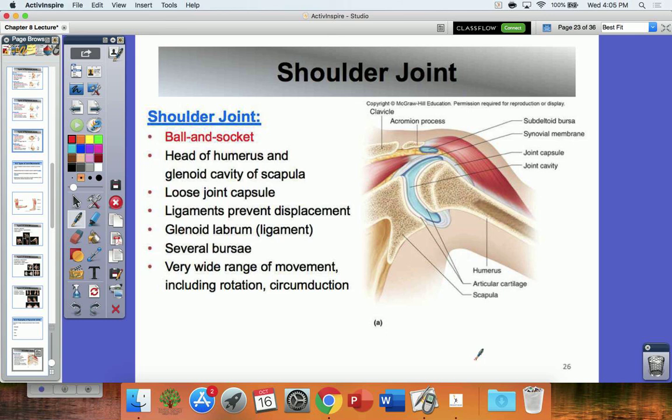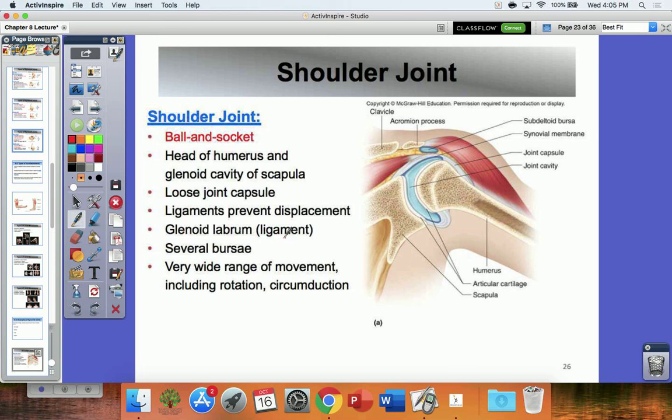And it may seem like a lot right now to think about. Oh my gosh, there are so many ligaments, and how will I know which ligaments are holding which joint together? But it's not going to be that difficult, because the ligaments are usually named for the bones or the features of those bones that are being held together. For instance, we have the glenoid ligament or labrum.